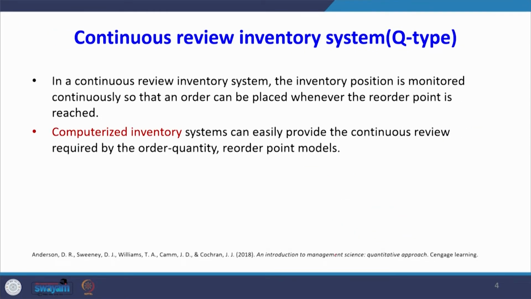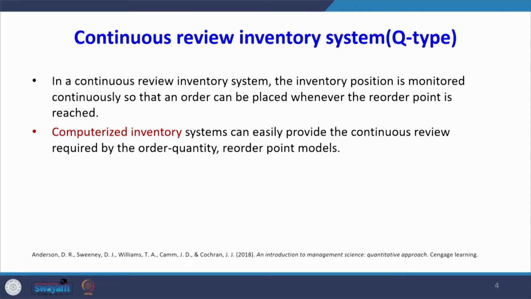In a continuous review inventory system, that is a Q type inventory system, the inventory position is monitored continuously so that an order can be placed whenever the reorder point is reached. For this, a computerized inventory system can easily provide the continuous review required for the order quantity and reorder point.